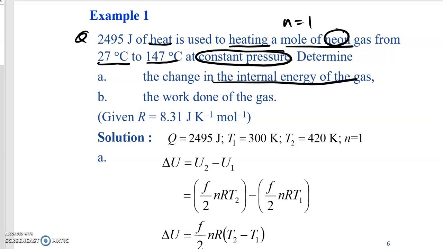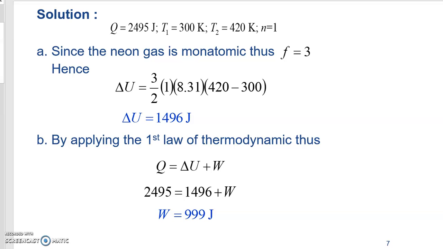So the change in internal energy, we have delta U equal to U2 minus U1. Remember that delta U is equal to F over 2 nRT, so T is the final temperature minus the first temperature.